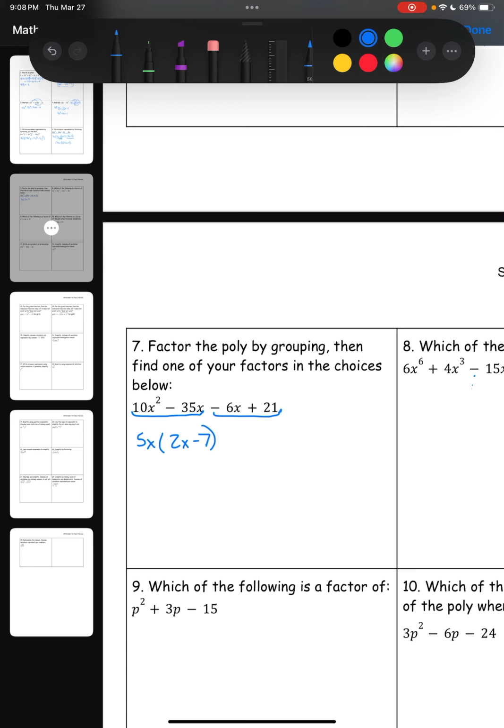Then moving on to our next one, we can take out a 3, or sorry, I'm taking out a negative 3 there, leaving us with a 2x minus 7. So again, these are both the same. So we can take out a 2x minus 7 times 5x minus 3.